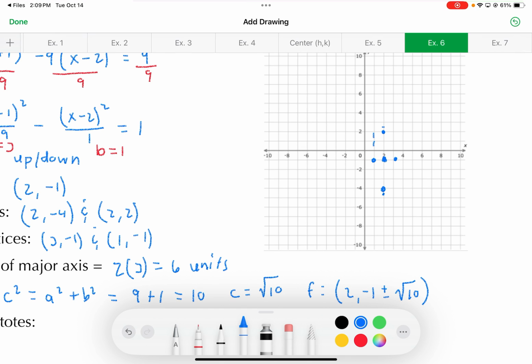Okay, draw in your rectangle going through the vertices and the co-vertices. Now draw your asymptotes. Sketch your hyperbola.